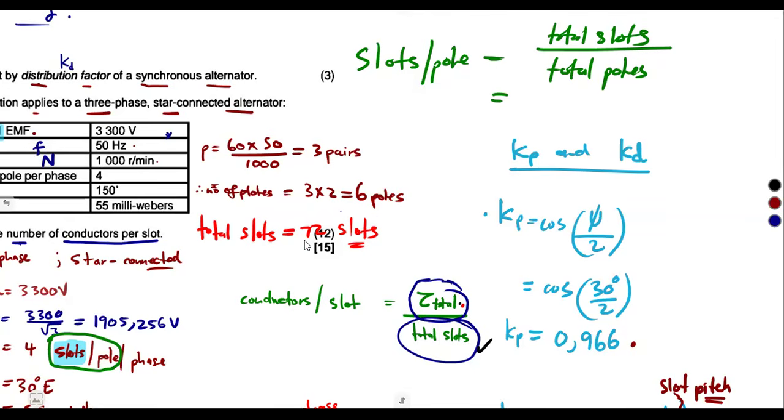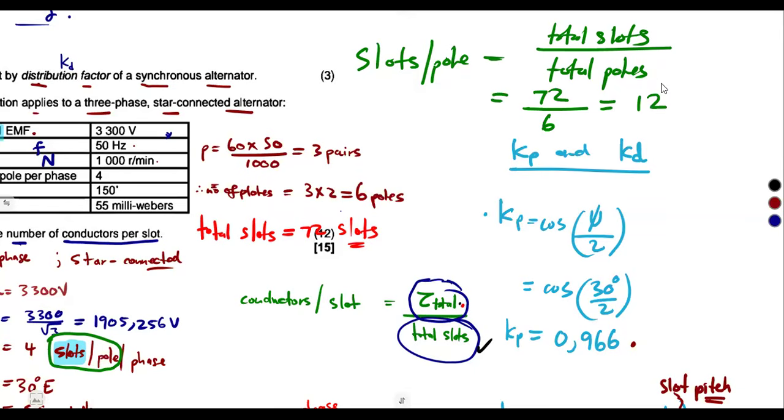What is the total slots? There are 72 of them. What about the total poles? There are 6. So dividing these, we still get the same answer. That was the idea of your question in this case. So that gives us 12.